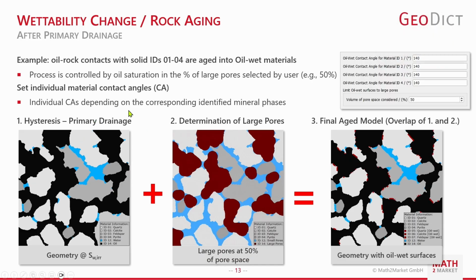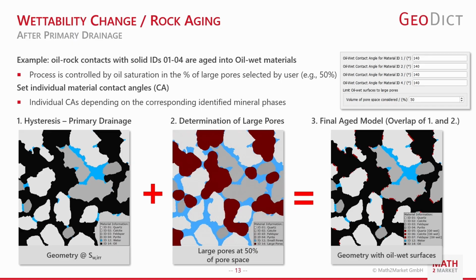As I mentioned earlier, this setup also involves setting different contact angles, and if you use the workflow that I'm going to show in a moment, you can consider different contact angles for up to 4 different rock minerals.